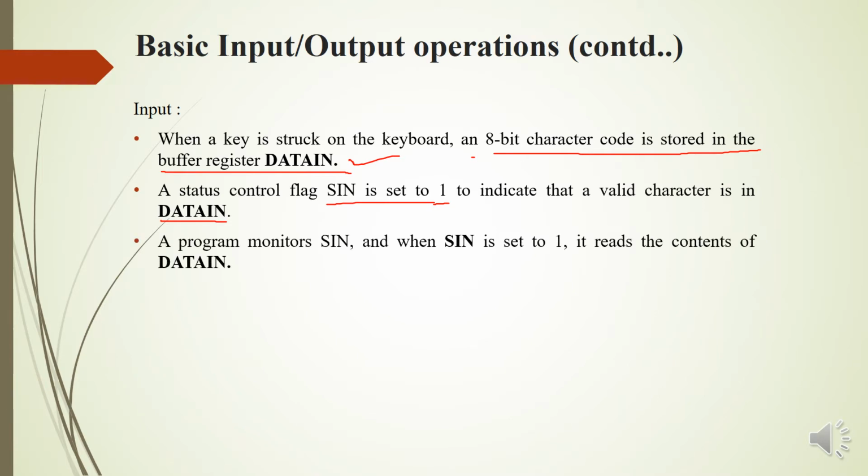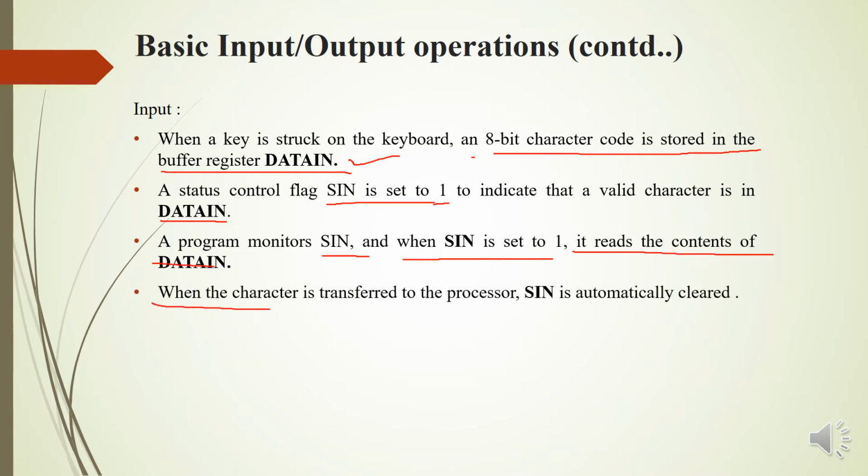A program monitors SIN, and the processor reads the content from the data in. When the character is transferred to the processor, SIN is automatically cleared. Initial state of SIN is always 0.